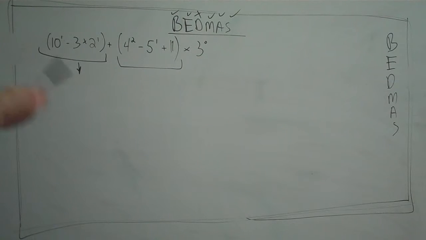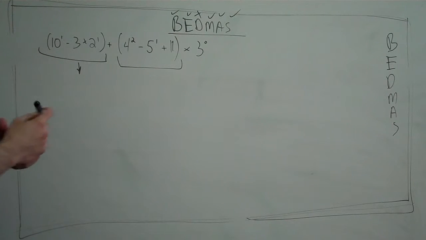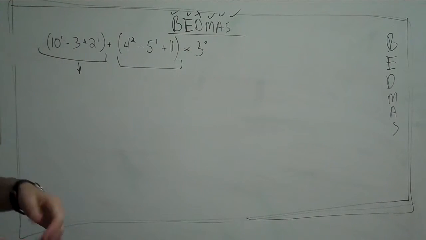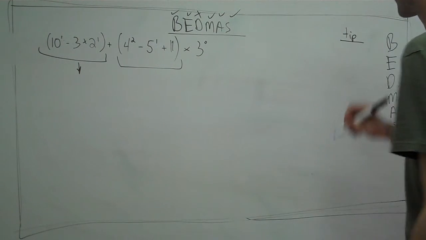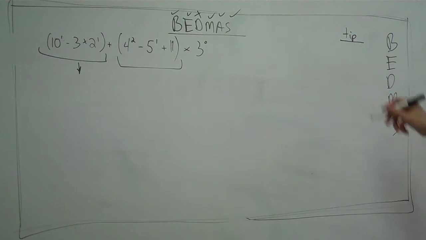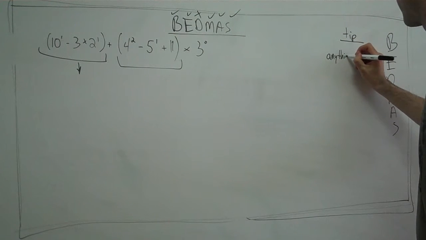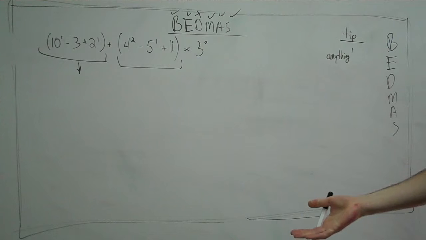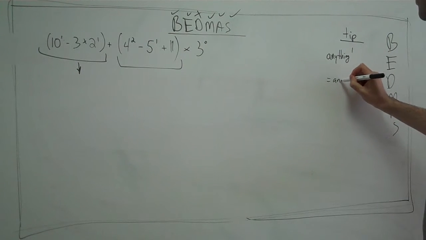So the tricky thing here is that it looks like it's complex, but really, and I'll call this a tip: anything to the power of 1 is just itself.